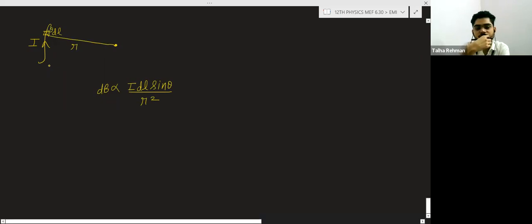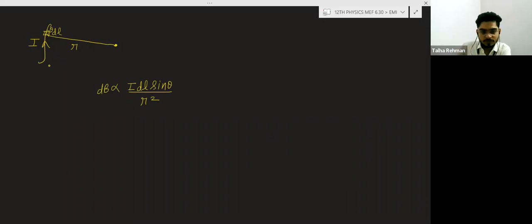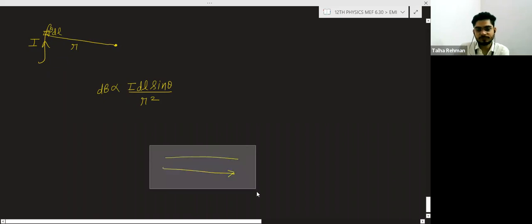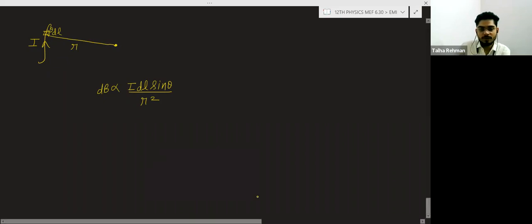Okay, just tell me, suppose this is the magnetic field, along the x-axis, and this magnetic field is B vector.